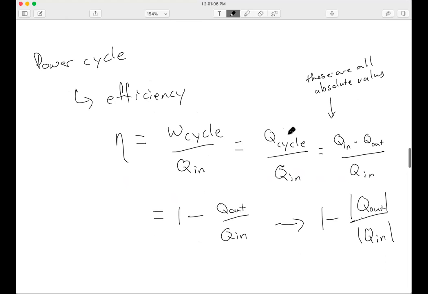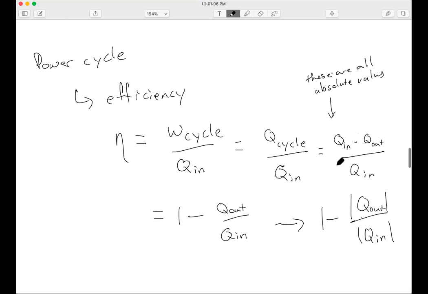You can rewrite this using the fact that for a cycle, work equals cycle heat. And then, and this is standard here, a lot of times in these efficiency and coefficient of performance formulas, people work with the absolute values of things. They put the minus signs in by hand.